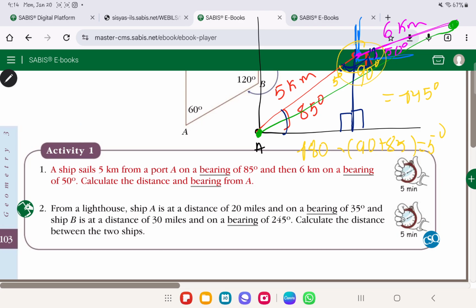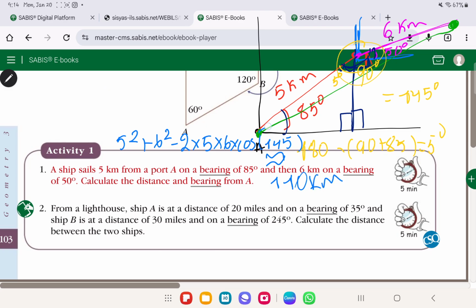We apply the cosine rule. So 5 squared plus 6 squared minus 2 times 5 times 6 times cosine of the angle between them, which is 145. On the calculator, you will get an answer of approximately 110 kilometers.